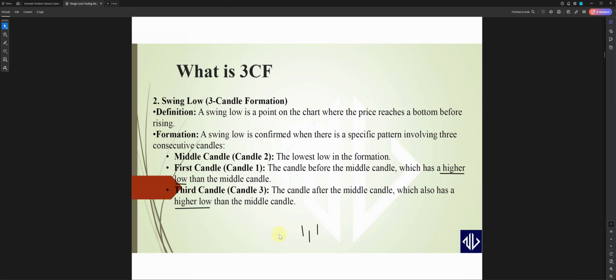So what does it mean? It means the middle candle's low will be the lowest one, and the others will have a higher low. You see, this low is higher than this one, and this low is higher than this one. So that is called the swing low.